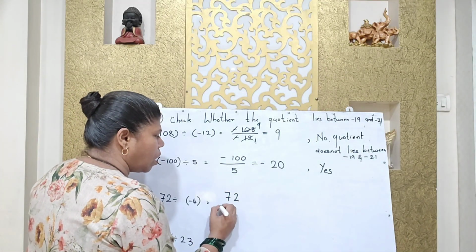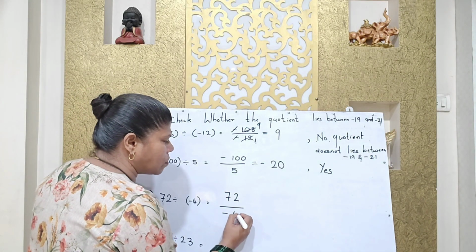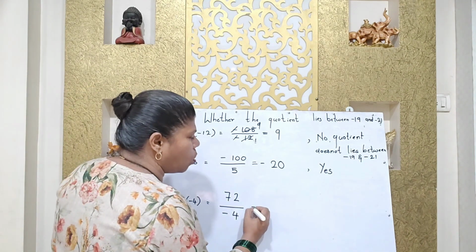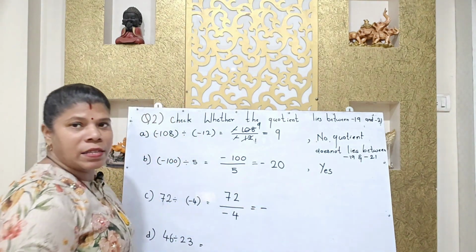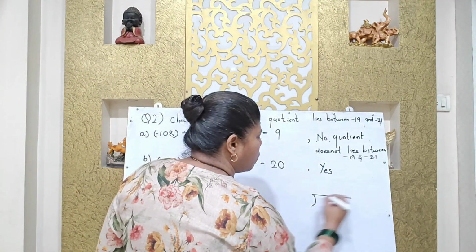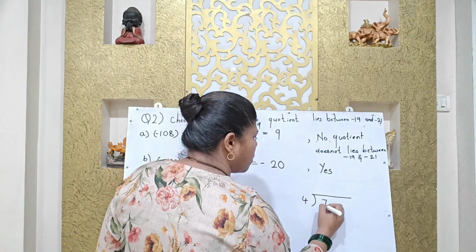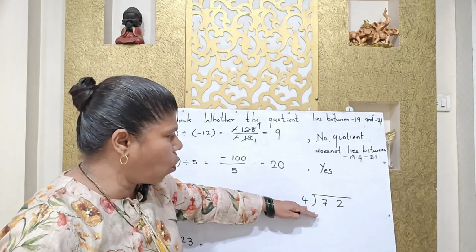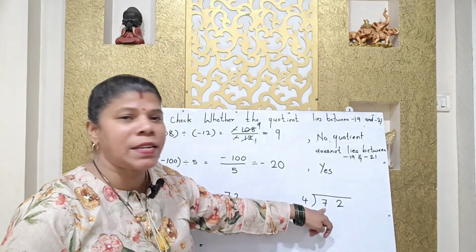72 upon -4. Now your plus and minus. Plus minus, always minus. Our answer will be negative. Now do the division here, perform here. 4 into 72. Now you have noticed divisor is a 4 and dividend ka first number is 7.